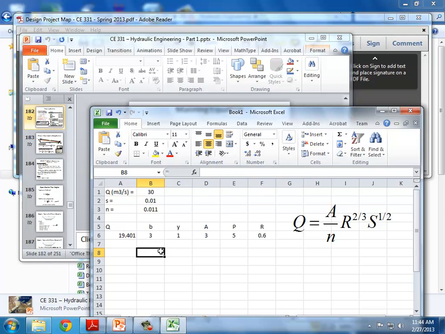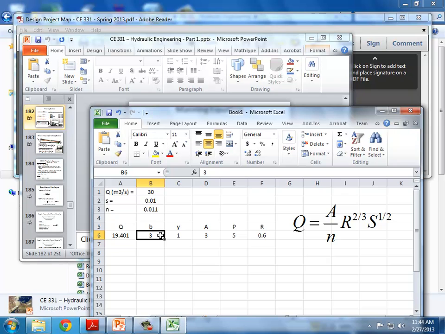Okay, of course, Excel can be used in design problems. You can use Solver where, if you wanted to pick any particular width, like for example, if we said that we know we want to have a 1 meter depth, then what should be the width that we're going to use for our design? If now we're supposed to be getting 30 cubic meters per second and we're only getting 19.4, we're going to have to make the channel wider for a depth of 1.